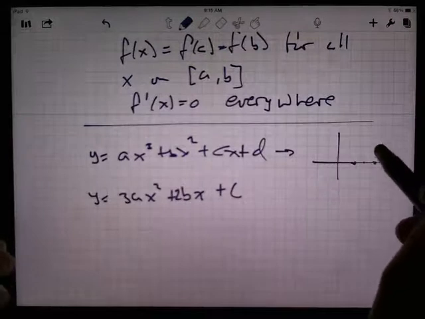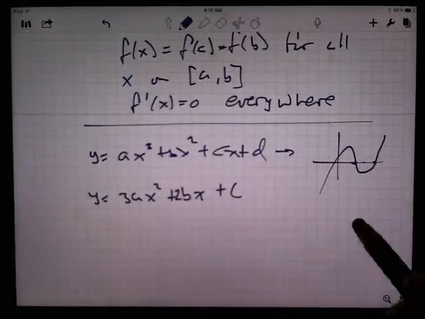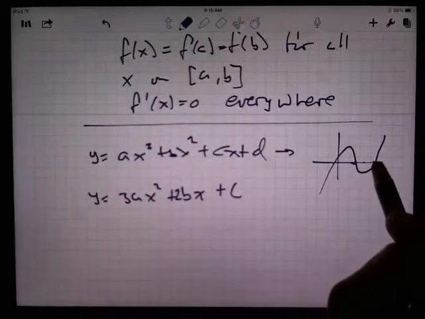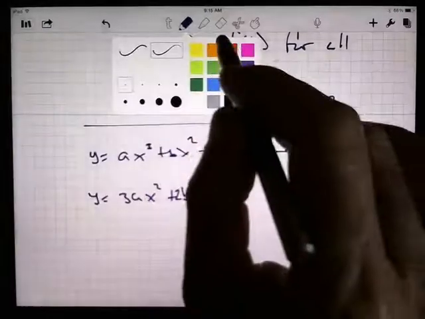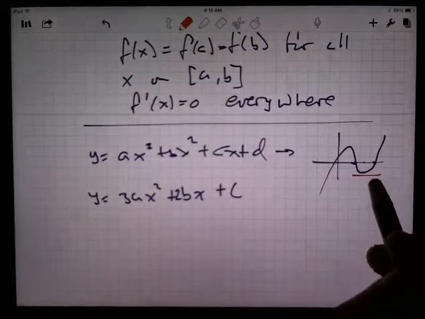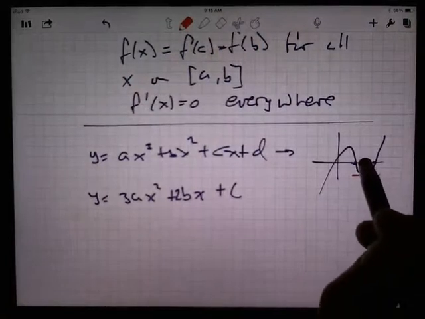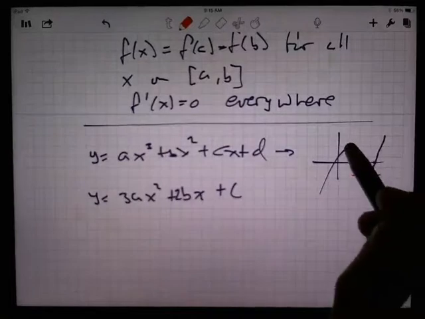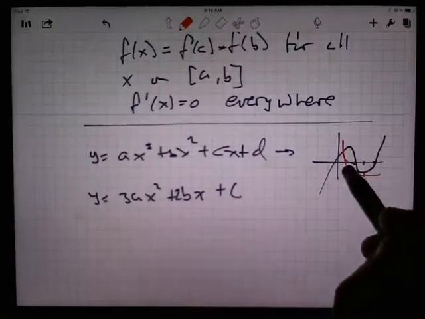Who knows whatever it looks like, right? Somewhere in between here and there, you must have had a spot where the tangent line was horizontal, and so the derivative at this point is here.